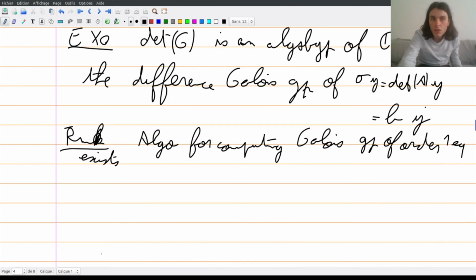So you have a concrete criterion on B in order to ensure that this is C star or a proper subgroup of C star.